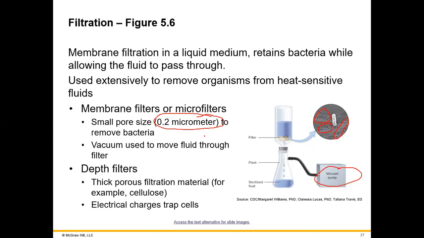The depth filters, on the other hand, use porous material, and this is the example here. The HEPA filter is a form of depth filter. They use various material in a fibrous form. Cellulose is often used, packed together quite tightly to produce a thick filter.